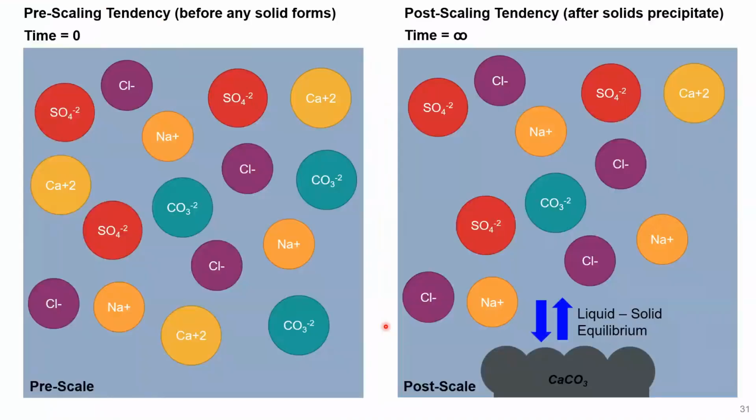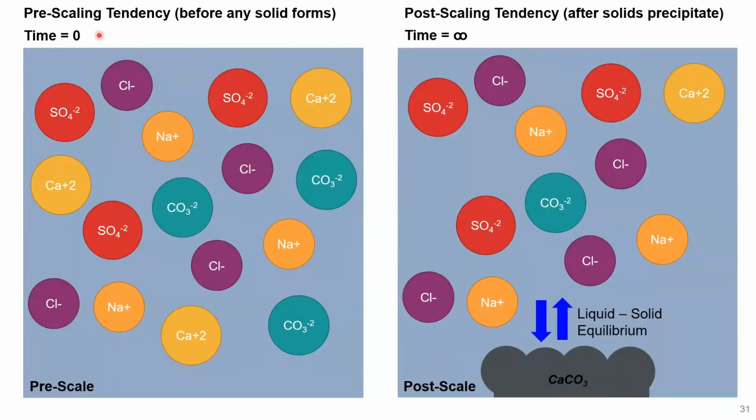Now, what do we mean by pre-scaling tendency and post-scaling tendency? So the pre-scaling tendency value is the value calculated before any solids or minerals precipitate out. So imagine you have salt, like sodium chloride, the table salt that you have on your table.